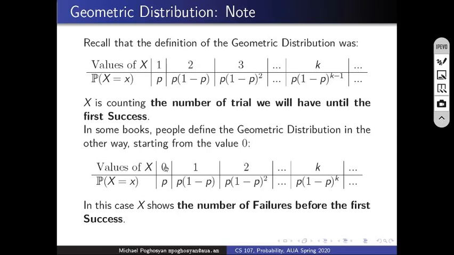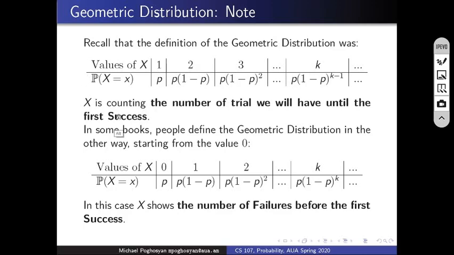So X is 0 means 0 failures and the first one was success. So X is 1 means 1 failure before the first success. So success was the second trial, etc. So we will use this definition, of course.